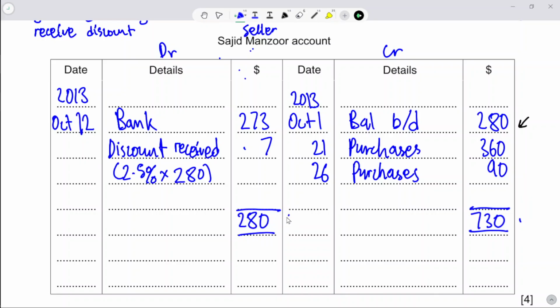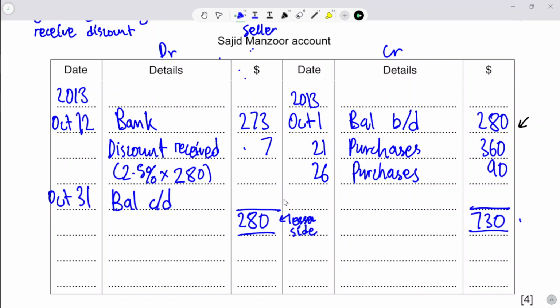So this one is the lesser side, so put balance CD at the ending date, October 31.